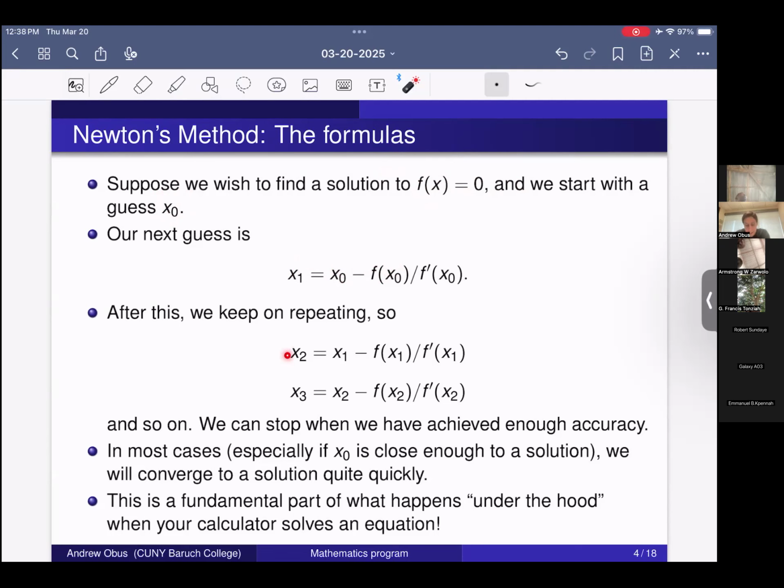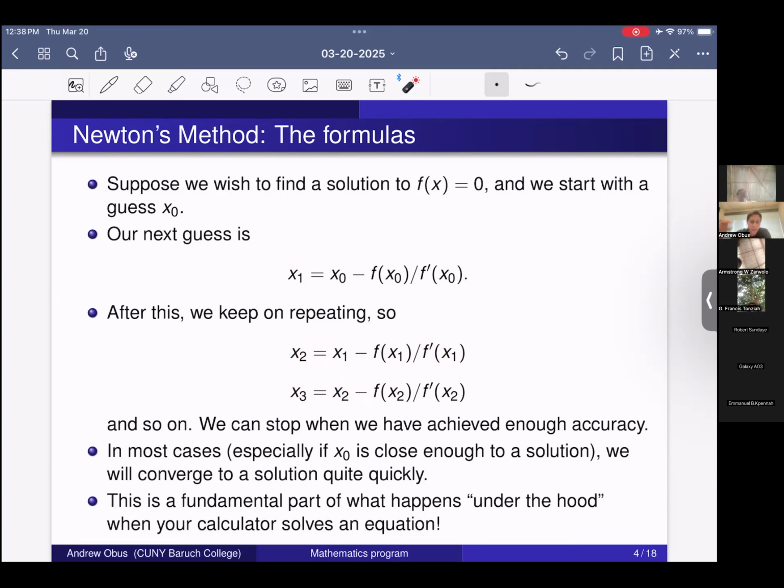Then if you call that guess x1, your next guess is x1 minus f of x1 over f prime of x1. And your next guess after that is x2 minus f of x2 over f prime of x2, and so on. And eventually, if you do enough of these, it's just going to start to converge.